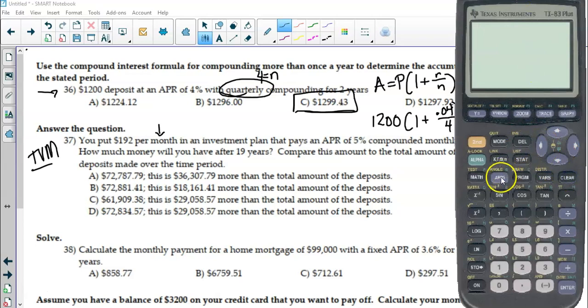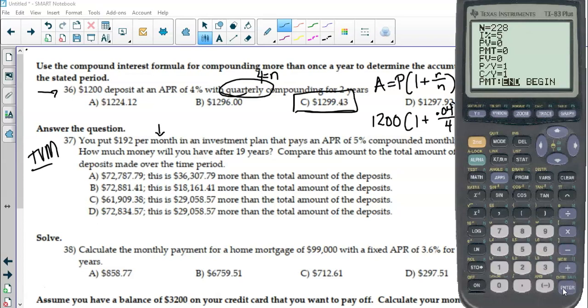The TVM solver is in apps. Hit enter on finance, enter on TVM. N is the number of times that you're going to compound. So this is compounded monthly at 5%. And you're going to do this for 19 years. So for 19 years, every month you're going to get a compound. It's compounded at 5%.